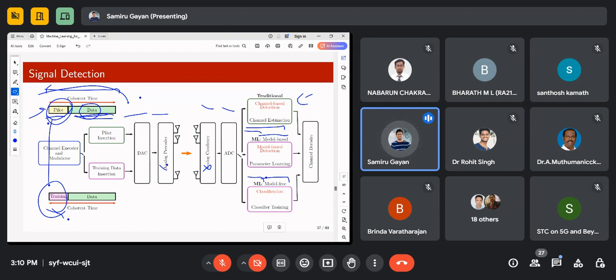Now this kind of machine learning model does a useful thing when we have some imperfections at the receiver. When there are no imperfections like IQ imbalance or synchronization problems, our mathematical model may work better. We know all the mathematical models, we have defined them. We know maximum likelihood detectors in some cases, so we can use them for detection.